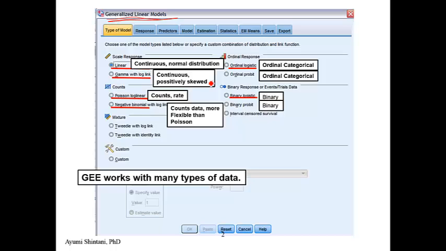So GEE adds repeated measures aspect to this regression, which means you can analyze any of these regressions where data have repeated measures. And GEE is the most flexible model among the regressions we have learned so far in this class.